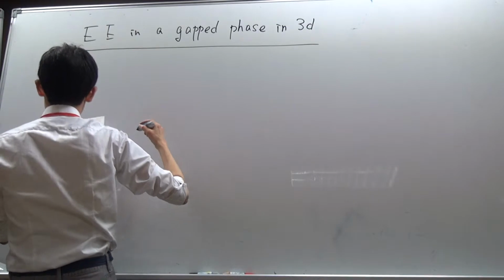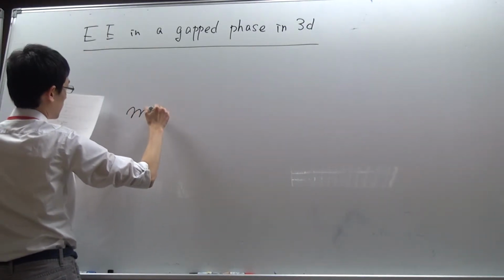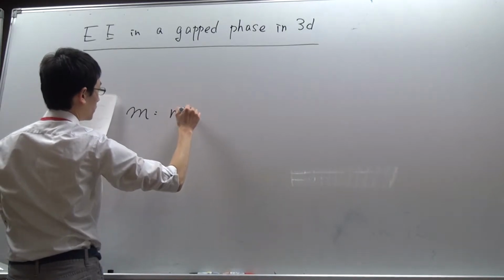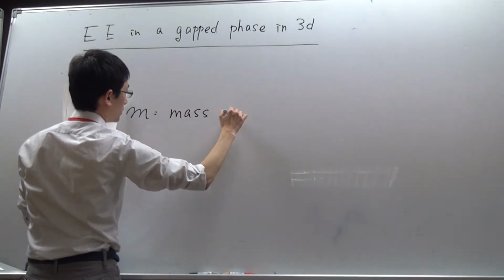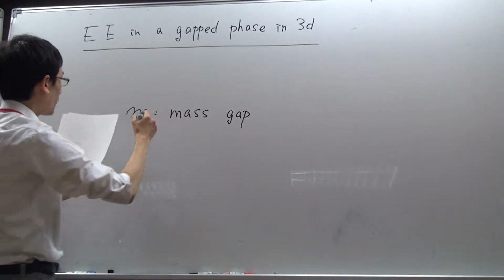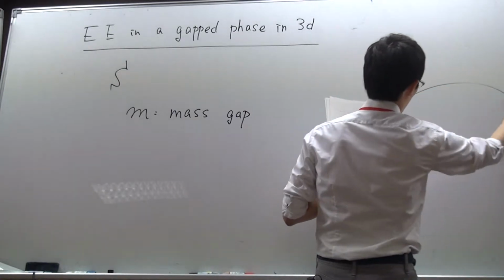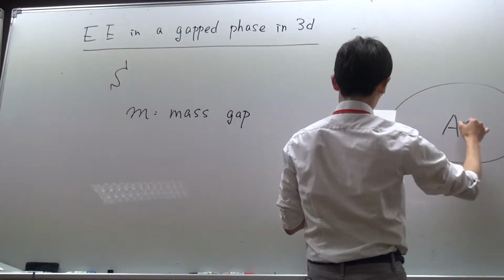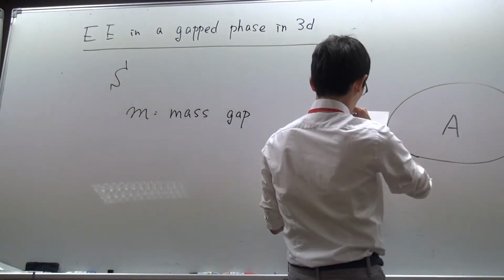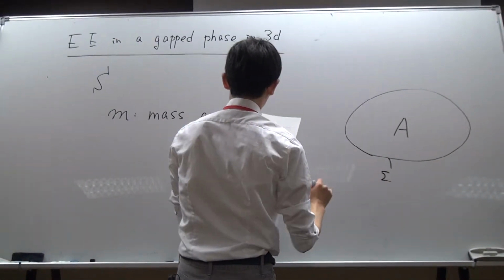Here I have a mass gap M, which is the gap scale, and I let it be very large. Then you have a region A, and this is the boundary, the entanglement surface, sigma.